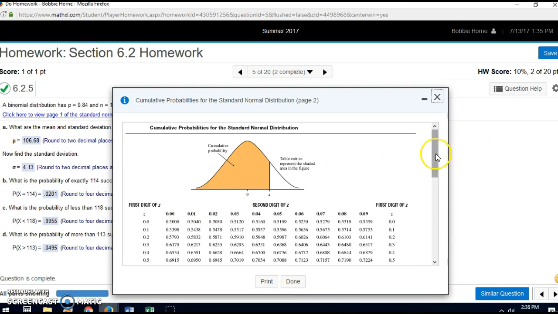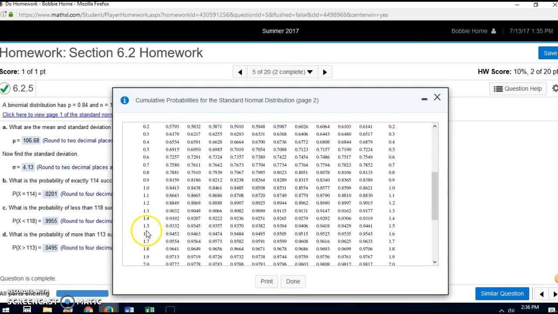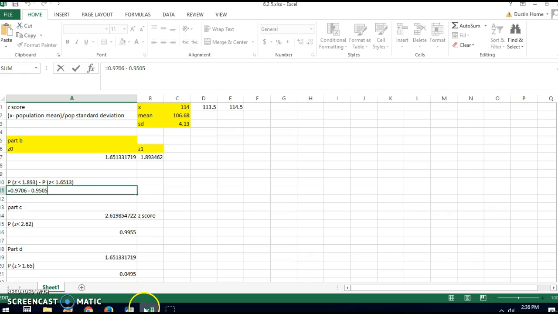So 1.65: 1.60, 1.61, 1.62, 63, 64, 65. So our first probability is 0.9505. Okay, that's this one.